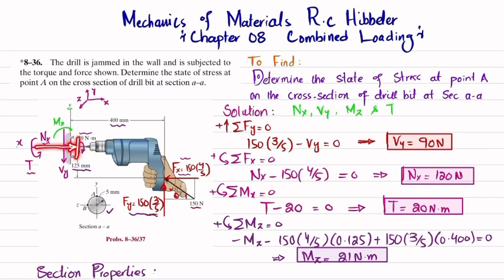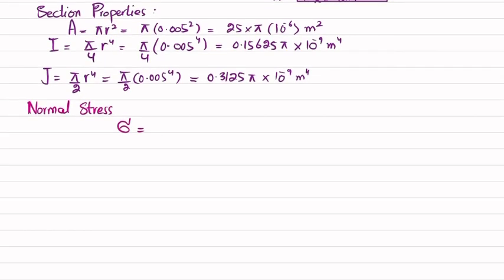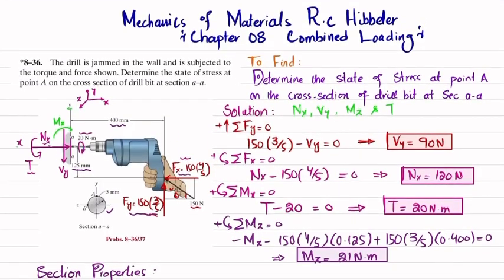Another normal stress is due to the bending moment Mz, the moment about Z. So this normal stress will be the combination of Nx by area plus minus M into Y divided by I. You can see that Nx is a compressive force, causing compression in this rod or twist drill.